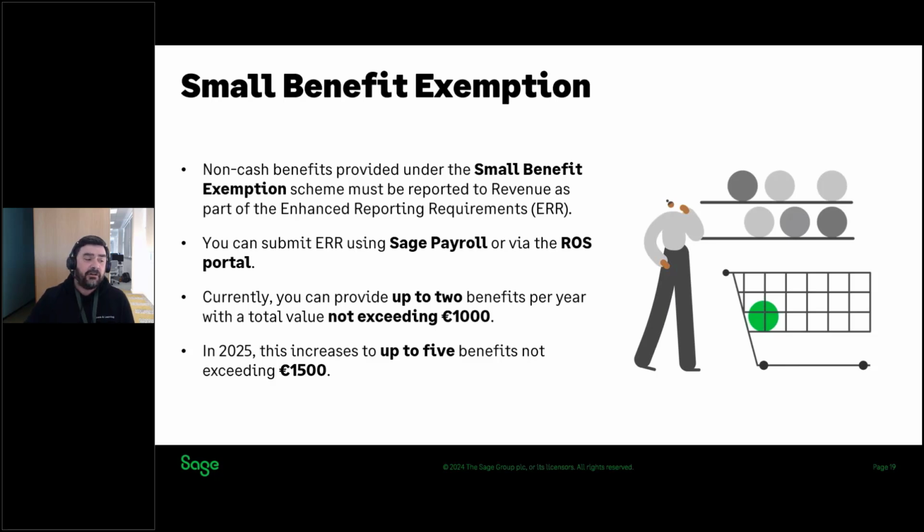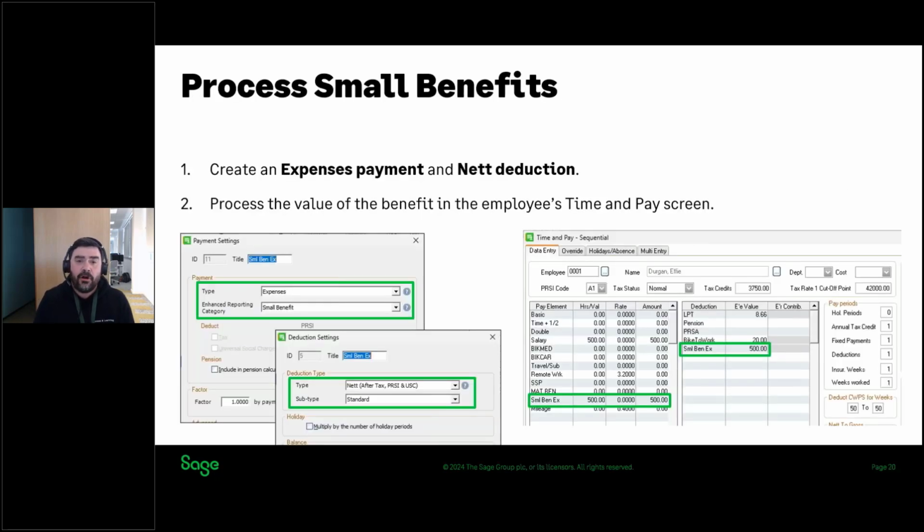So let's take a look at how you would process this in payroll. Now, it would involve setting up a payment and a deduction, because a small benefit isn't a cash item, it's a non-cash benefit, such as a one-for-all gift card. So you enter the value of the small benefit as an expense, and then you take away that same value as a net deduction.